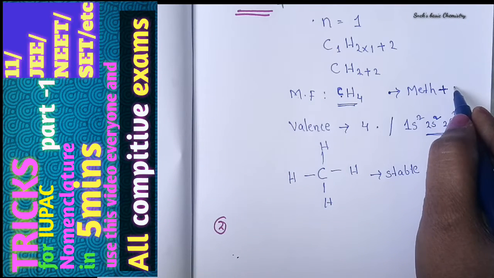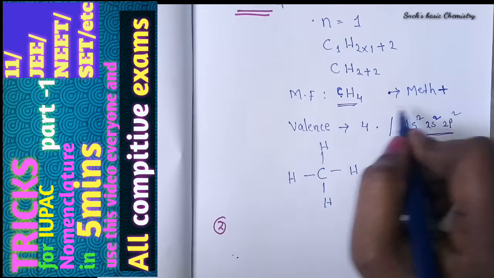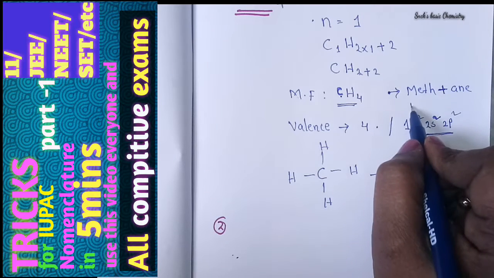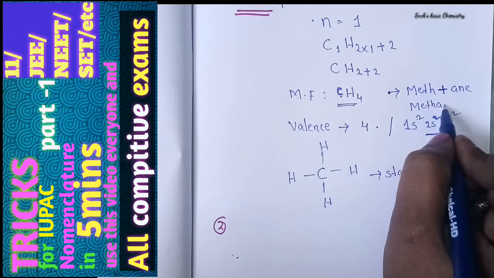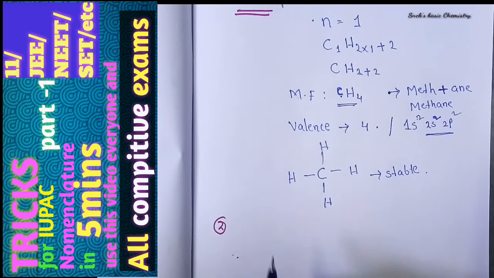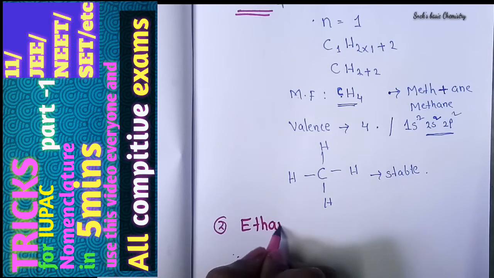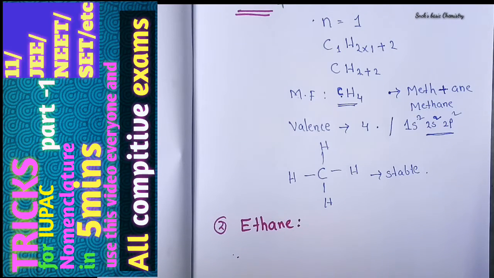Single bond. Is this an alkane or alkyne? It is an alkane, so we add ane. So methane. Here also, using ethane.